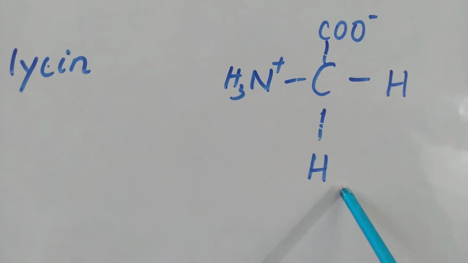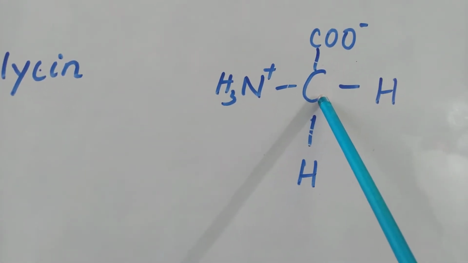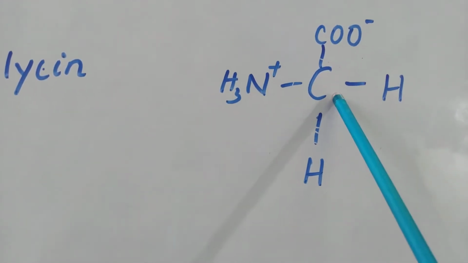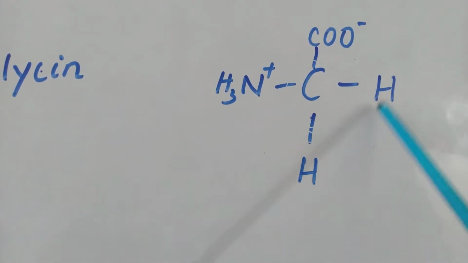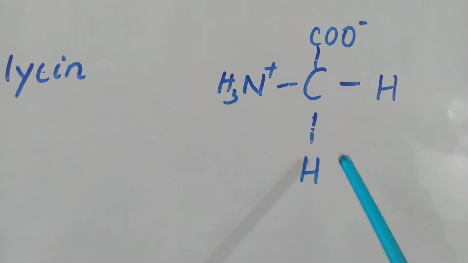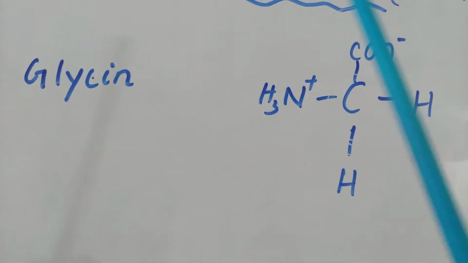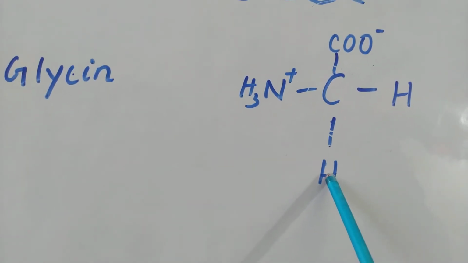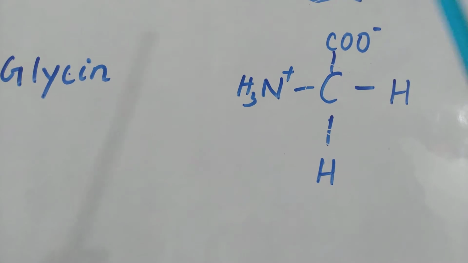I had discussed with you that if the central carbon has 4 different groups, then the carbon is called a chiral carbon, but here we can see there are 2 same hydrogen atoms. So that's why this is not going to be a chiral carbon. So glycine has 2 hydrogen atoms, 1 amino group and 1 carboxyl group.